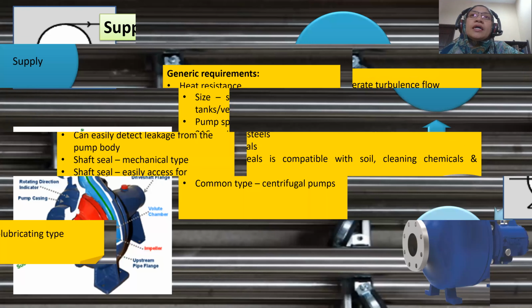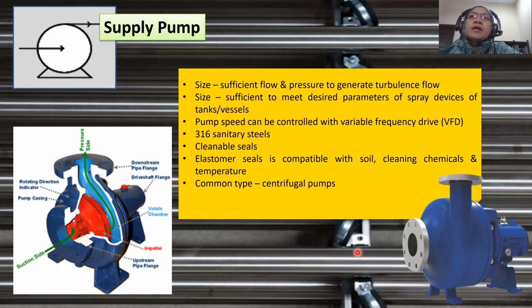Alright. The criteria for the supply pump are: the size of the pump shall provide sufficient flow and pressure so that turbulent flow can be generated. The size is sufficient to meet the desired parameters of spray devices, of tanks or vessels.